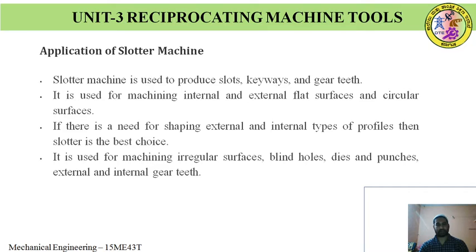The shape of the workpiece that can be machined is limited in the case of the shaper machine, but we have a round table with T slots, so we can fix any kind of irregular workpiece onto the table, which is accurately ground and has a clean, accurate surface finish, so we can fix any kind of complicated parts over the table of the slotter machine.